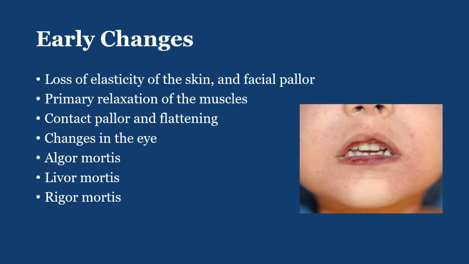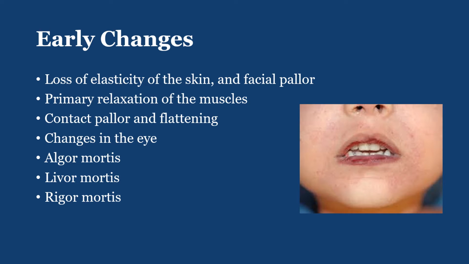Okay, so primary relaxation or flaccidity of the muscles, that means muscles are becoming very relaxed and there is no stiffening kind of thing. This is occurring in a starting stage, and the reaction is alkaline and responds to electrical stimuli. That means the muscle cells are still alive, they are taking the electrical stimuli. Okay, then contact pallor or flattening.